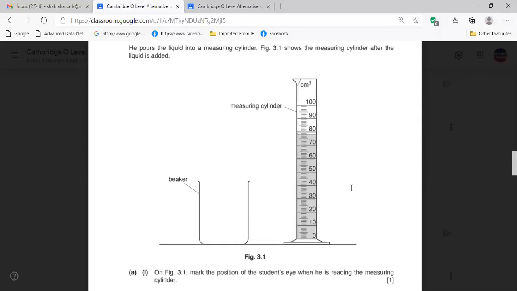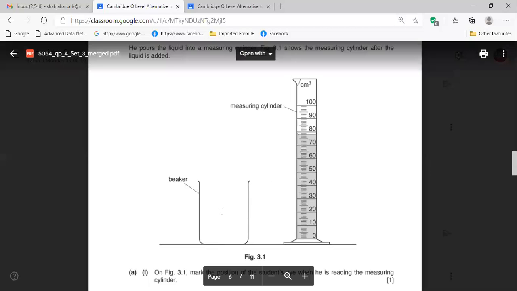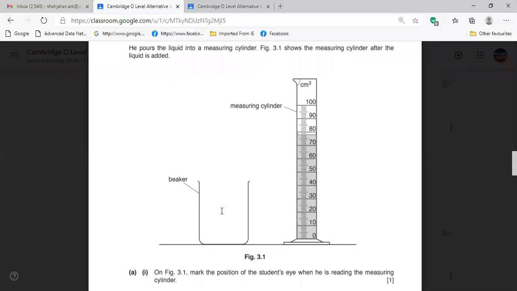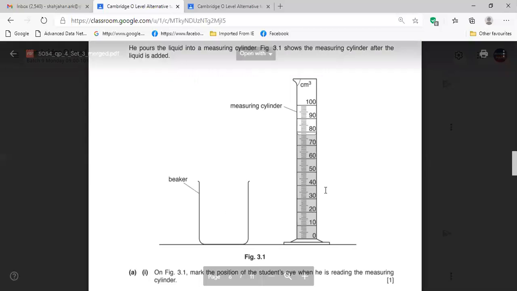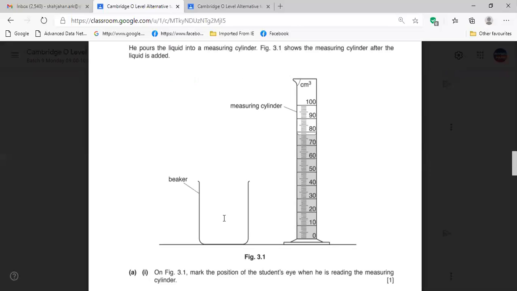Or if someone is saying it another way, using the beaker only, taking the mass of the beaker, that is M1, then taking the mass with the water and beaker, M2, then M2 minus M1 is your mass of the water. Someone can also tell this way.